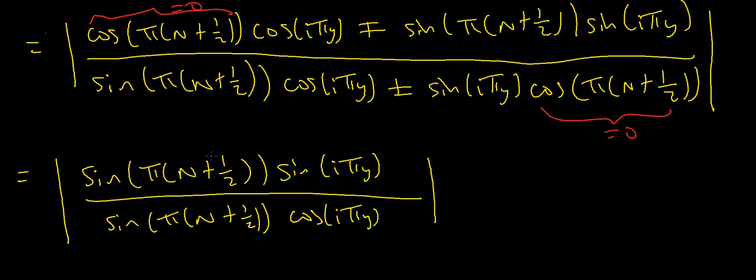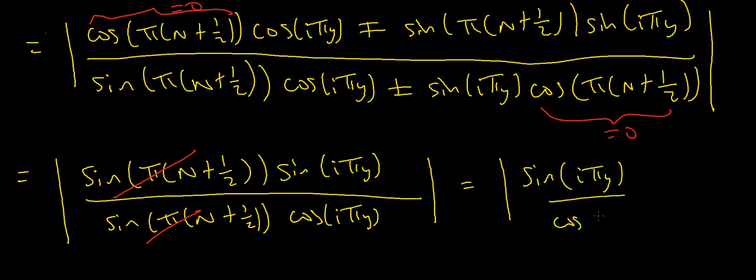I've got the same term appearing in the numerator and denominator. I can cancel out a factor of sine of (pi n plus a half) here, and that's going to give me the modulus of sine i pi y divided by cosine i pi y.